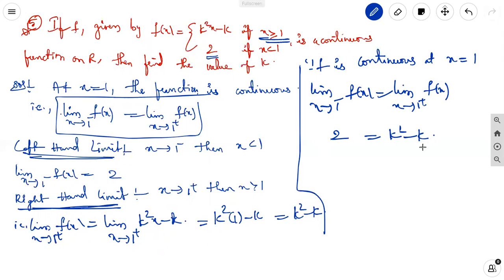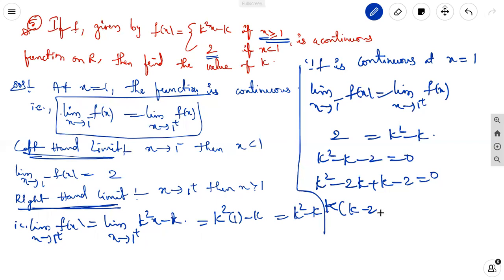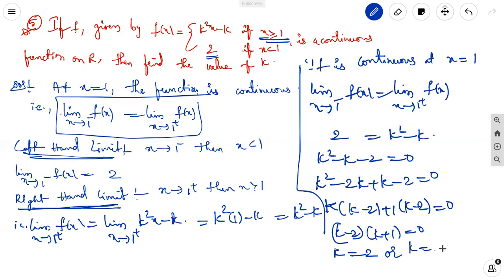Taking 2 to the right side, it becomes k square minus k minus 2 equal to 0. Split into factors: k square minus 2k plus k minus 2 equal to 0. Taking k common from the first two terms, k into (k minus 2) plus 1 into (k minus 2) equal to 0. So (k minus 2) into (k plus 1) is equal to 0. So k equal to either 2 or k equal to -1. This is the solution.